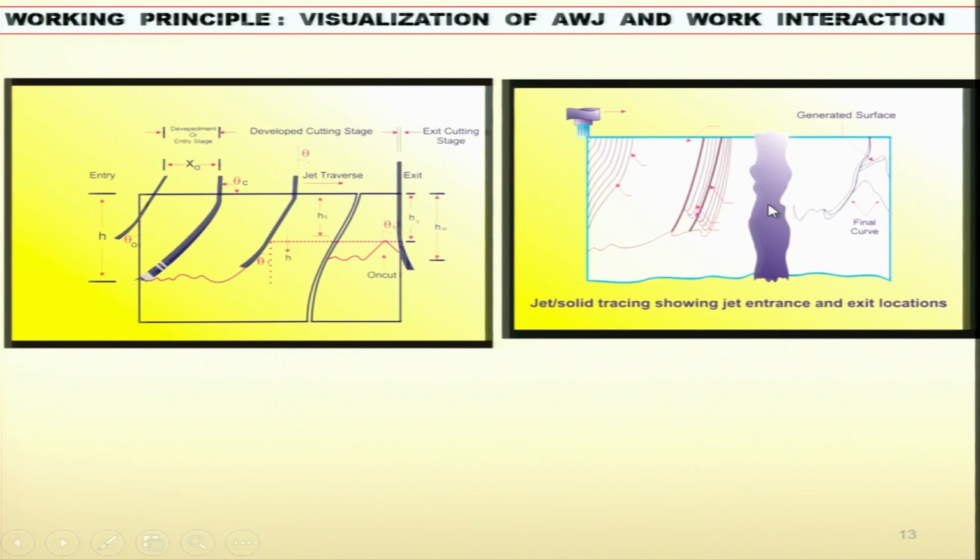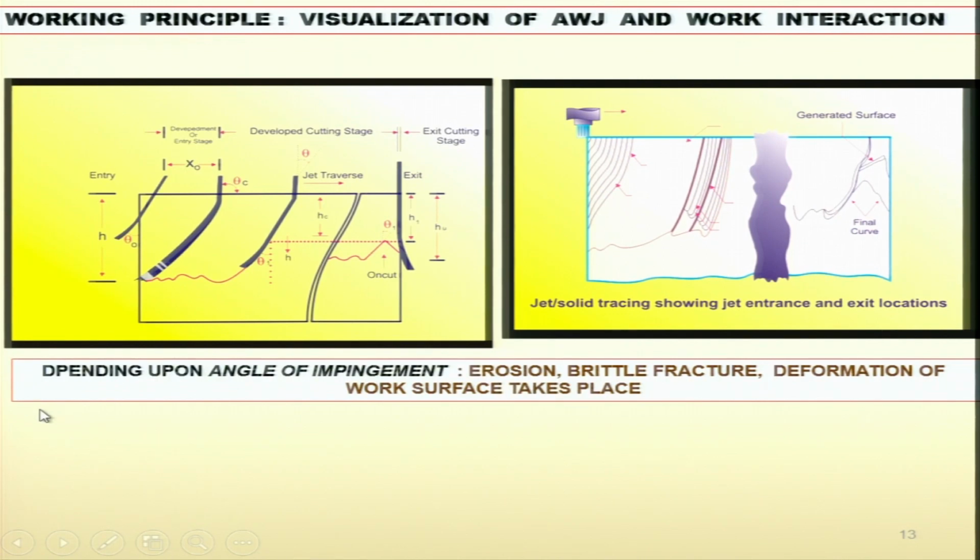Now you can see here the surfaces or the edges that you are going to get, and this is the surface at the bottom, and this is the trajectory of the abrasive water jet. This is the other side. So depending upon the angle of impingement, erosion, brittle fracture, or deformation of the work surface takes place.